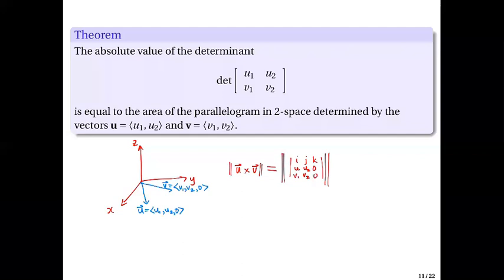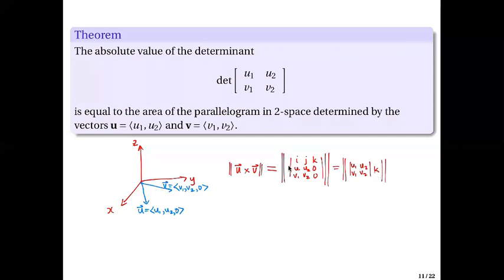This is equal to the norm of k times the determinant u1, u2, v1, v2. Take note, I'm still using the norm because k is a vector.